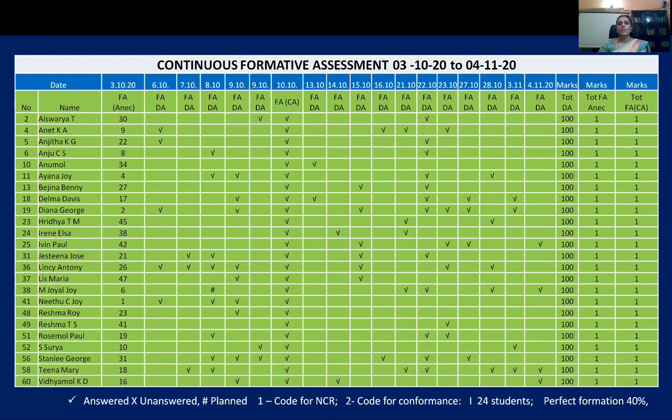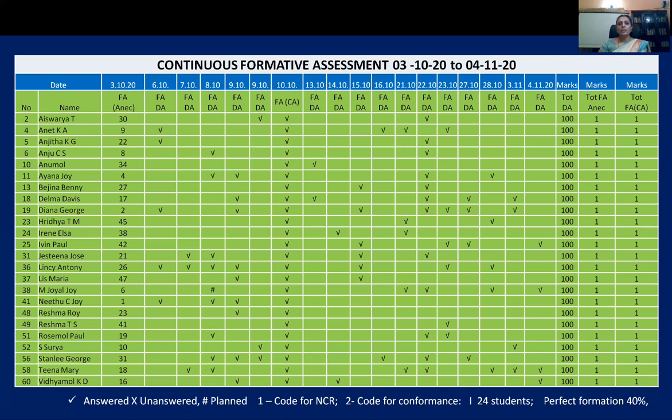This slide shows the continuous formative assessment of 24 students with perfect formation. A mix of formative assessments, that is anecdotal as on 3rd October 2020, then formative assessment that is continuing in nature as on date 10th October 2020, is displayed in this slide. Moreover, formative assessment on a daily ongoing basis at random is demonstrated in this slide.